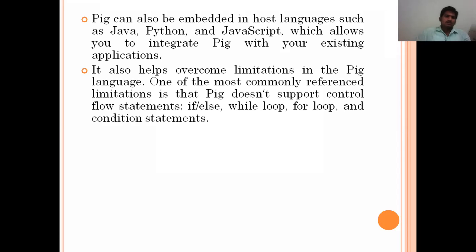It also helps to overcome the limitations in the Pig language. One of the most commonly referenced limitations is that it doesn't support control flow. I already told you that we don't have any if, while, or for loops. It does not support any looping or conditional statements.